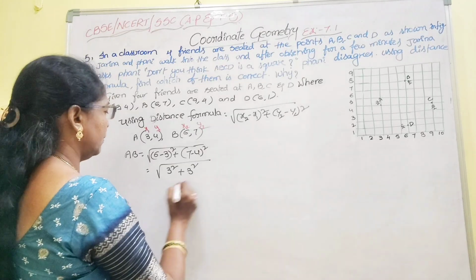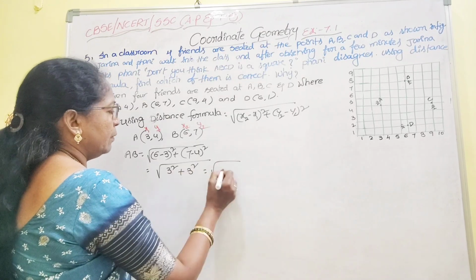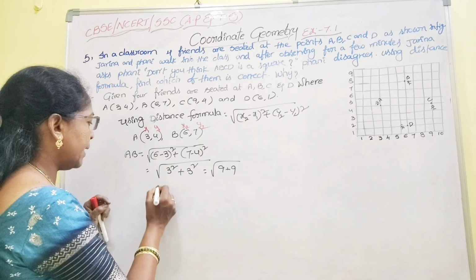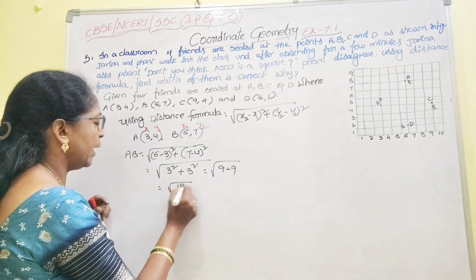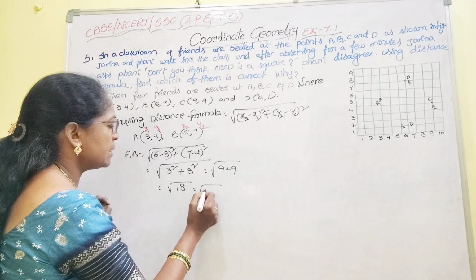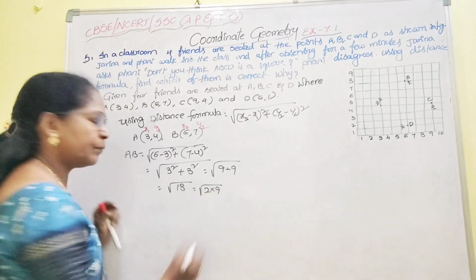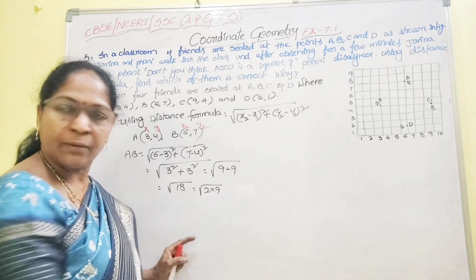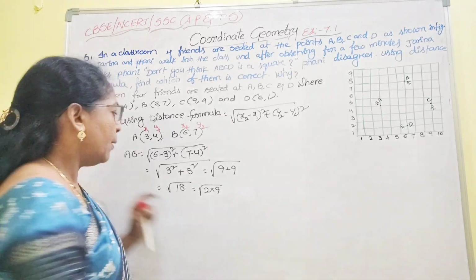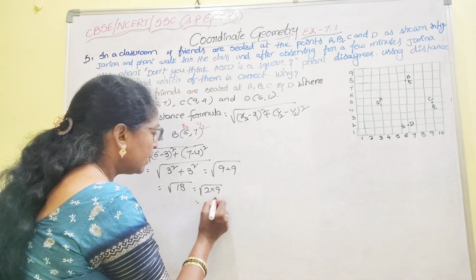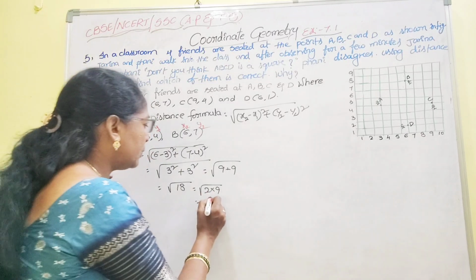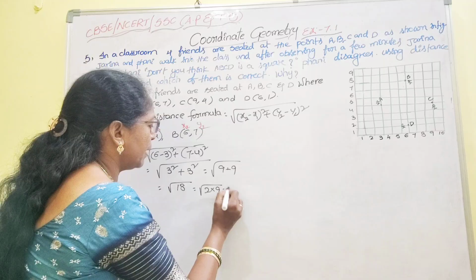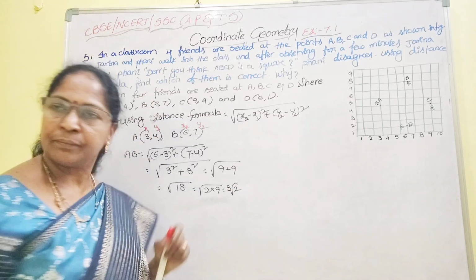That equals 9 plus 9, equal to square root of 18. This can be written as 2 into 9, one perfect square number whose multiplication gives 18. Square root of 9 equals 3, so you will get 3 root 2. I am writing here 3 root 2.